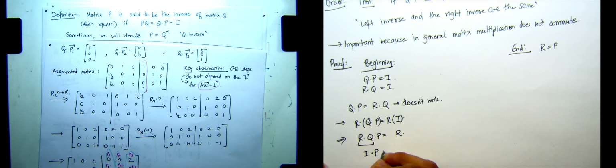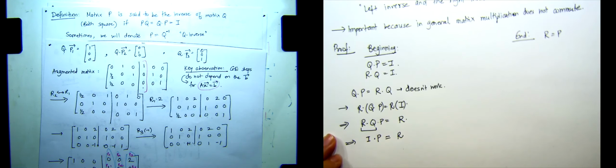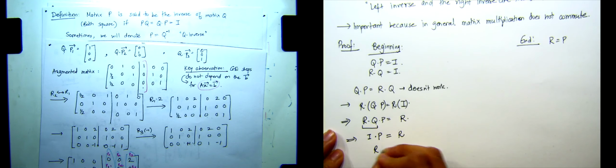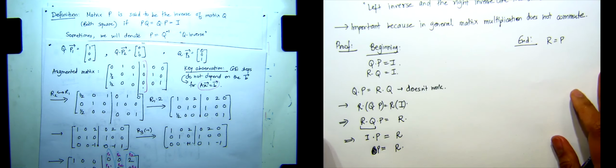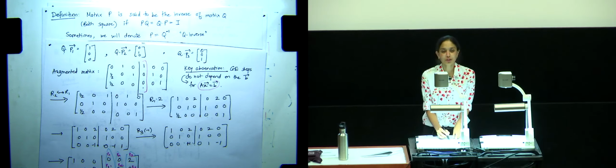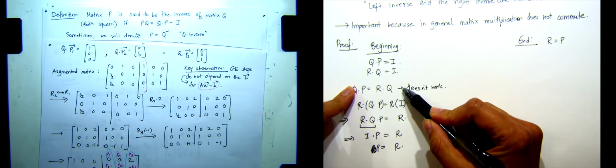So I have the identity times P is equal to R, which implies that P is equal to R. So this step, which you would hope would work, doesn't work.